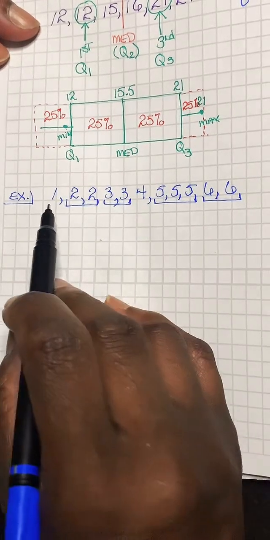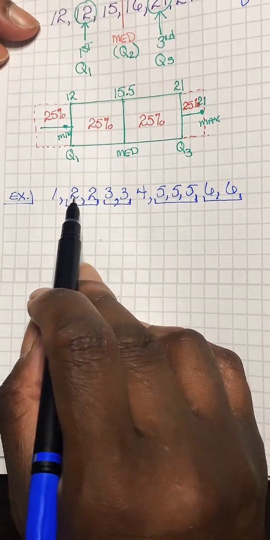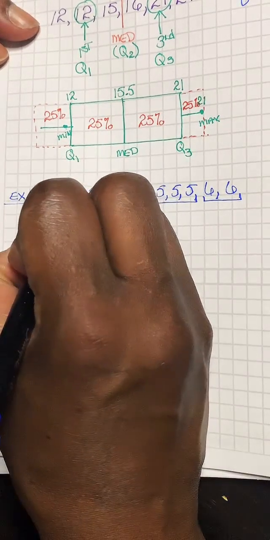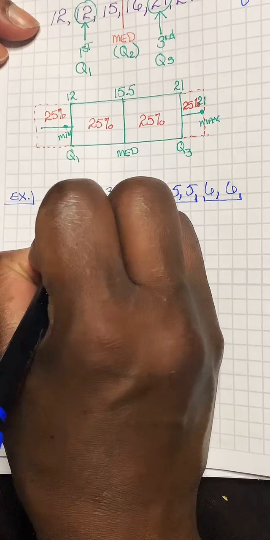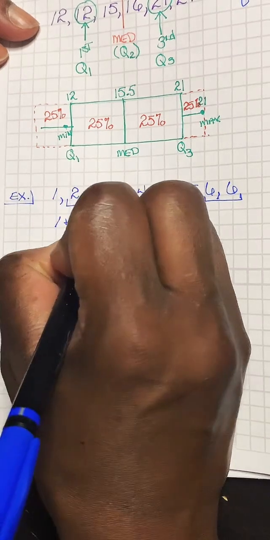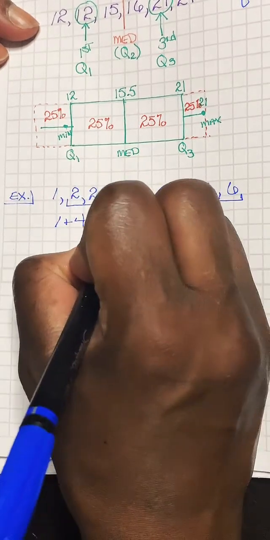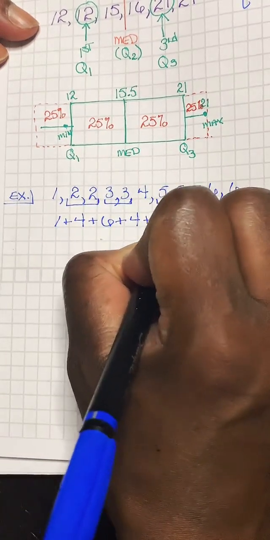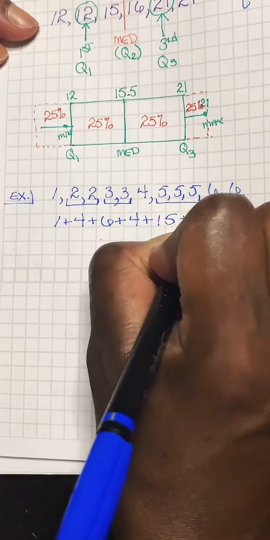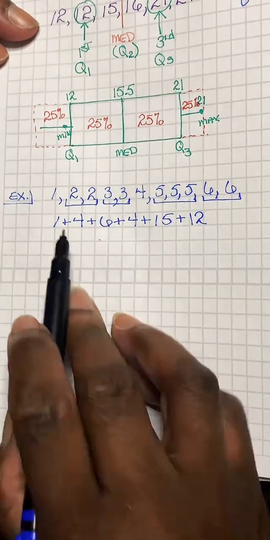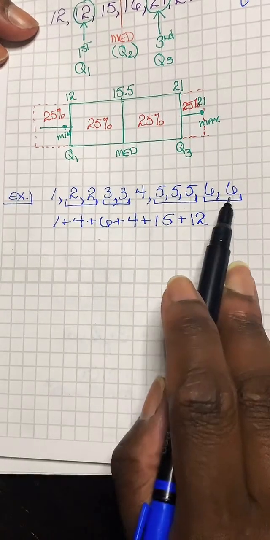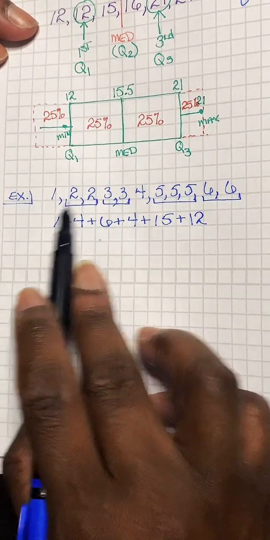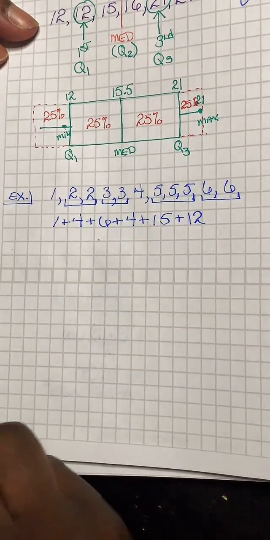Okay, so we got 1, we got 2 and 2. So basically we have 1 plus 4 plus 6 plus 4 plus 15 plus 12. Anytime I get individual numbers like this, I try to group the repeat numbers and combine them first.